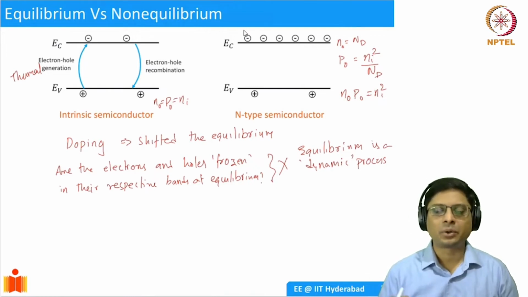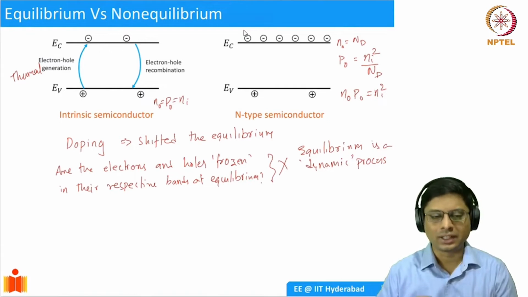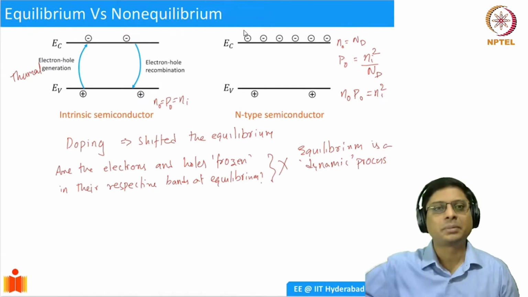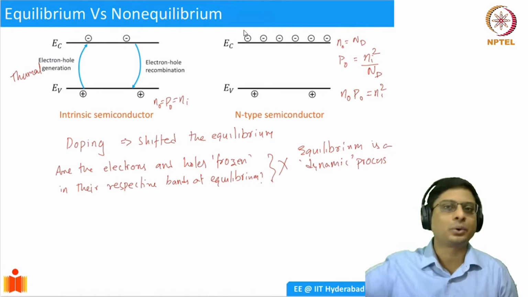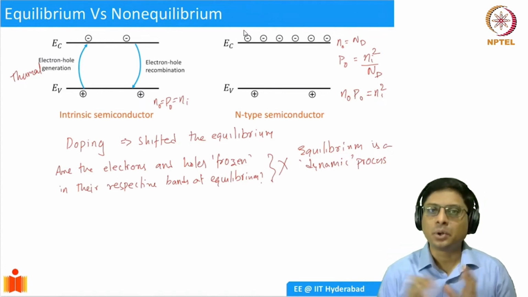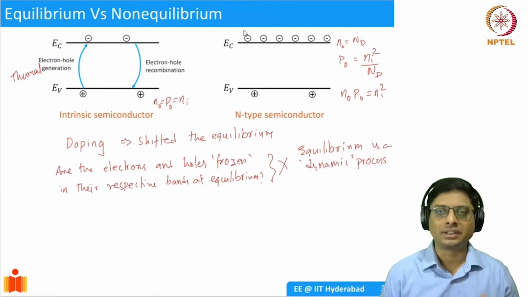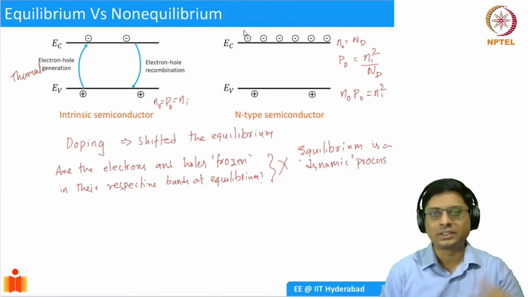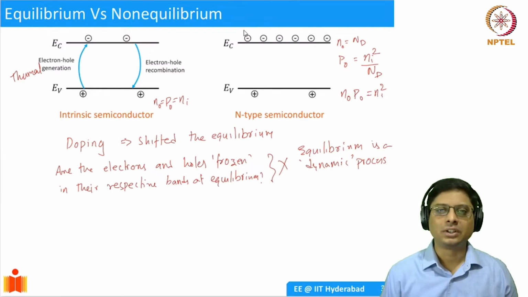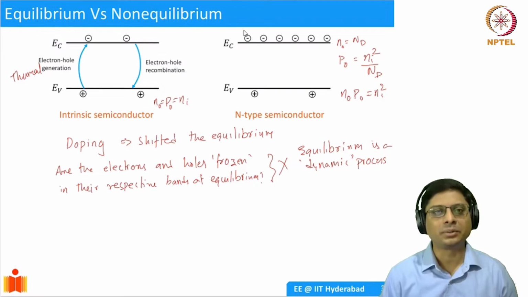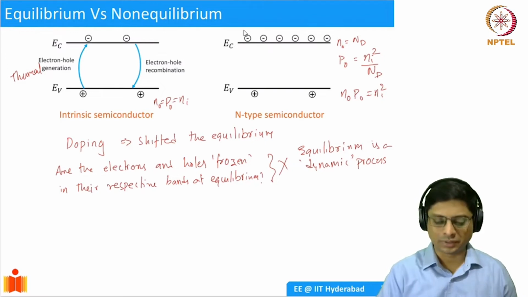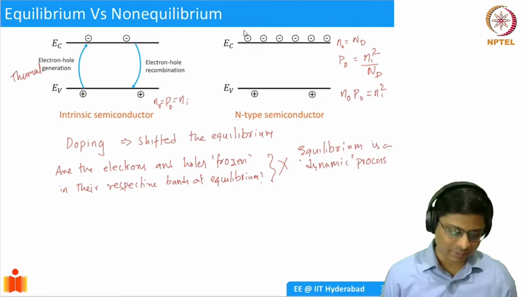A particular electron-hole pair can annihilate at one point in the lattice, and at some other position in the lattice, a different electron-hole pair could be generated. There is no way for us to know which electron is in which band, whether it is bound to the lattice or free to move about. Equilibrium only means that the net electron and hole densities are going to be whatever is given by these expressions.